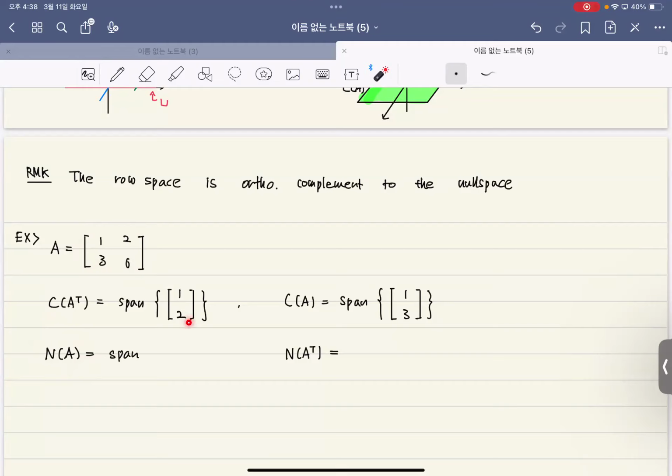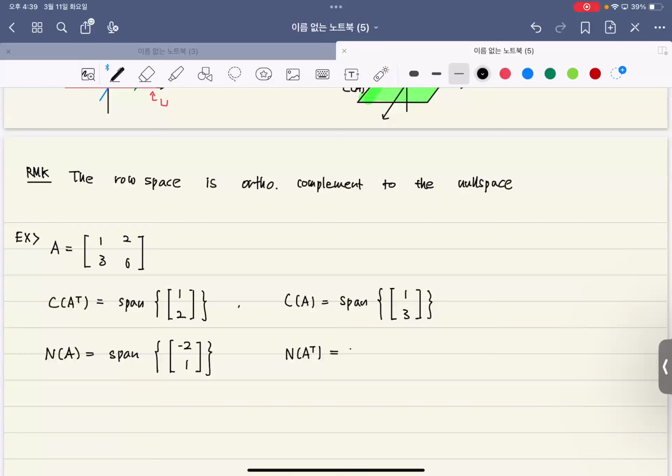Then that must be the basis vector of this one, right? Can you think of any vector which is orthogonal to this guy? I guess (-2, 1). I just chose a vector which is orthogonal to this guy, and I believe this is a basis vector of the null space of A, right?